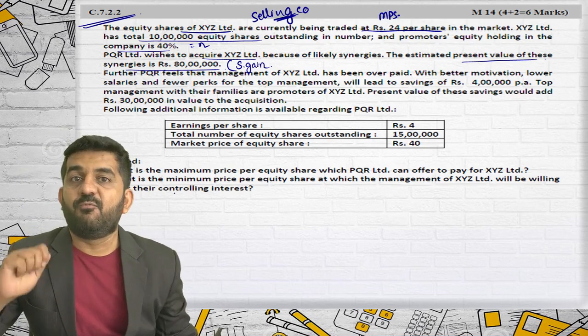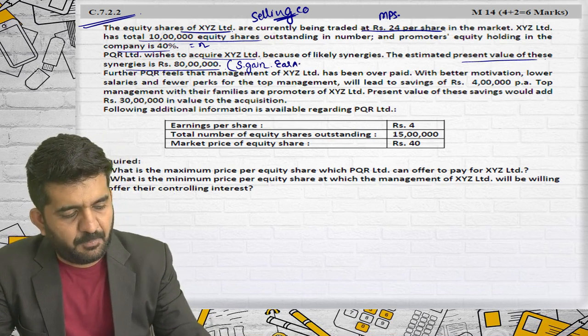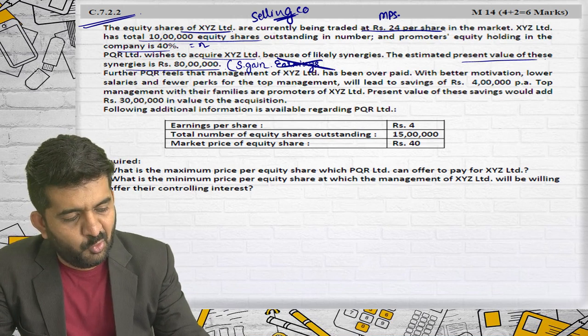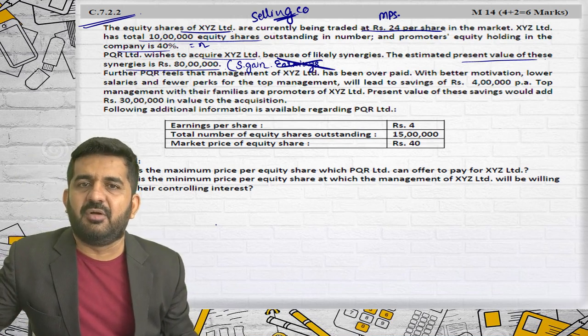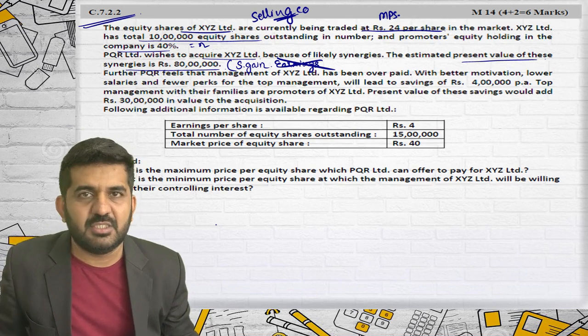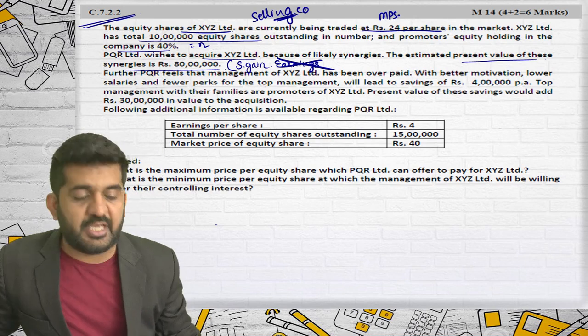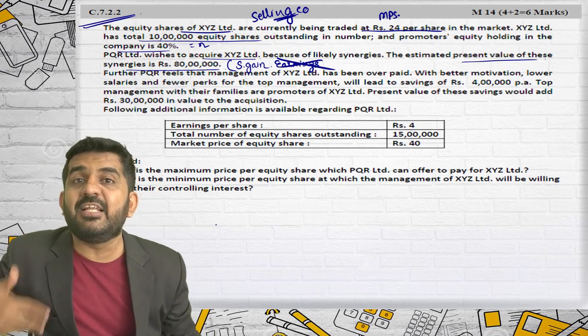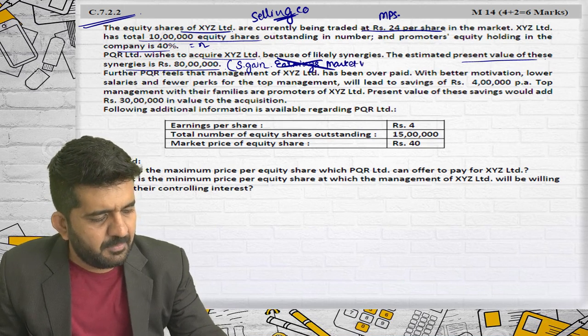This synergic gain is not based upon earnings. Every year the company is not going to earn 2 lakh, 3 lakh, 5 lakh rupees. It is a present value of all future cash flow. So ultimately it is valued, and so it is a synergic gain based upon value.